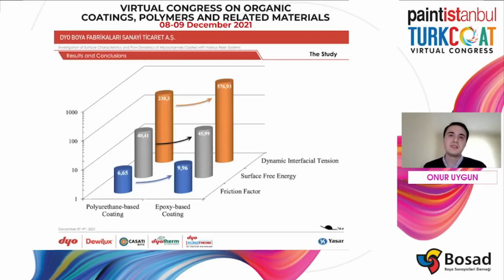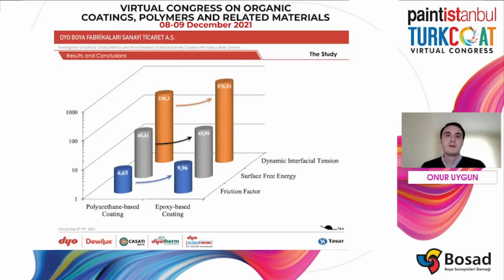It can be seen that values for all these parameters are increasing in epoxy-based coatings. After seeing this graph, we decided to investigate the relation of these parameters to each other separately.